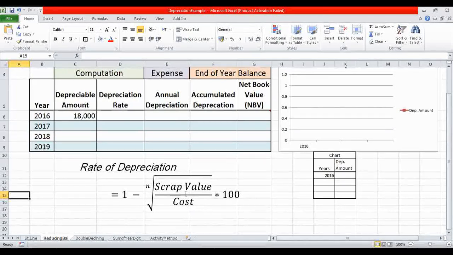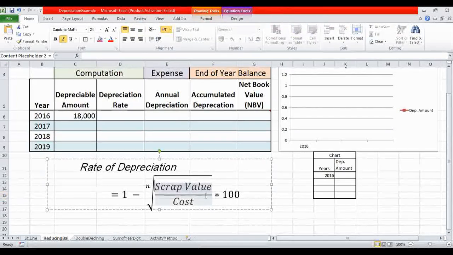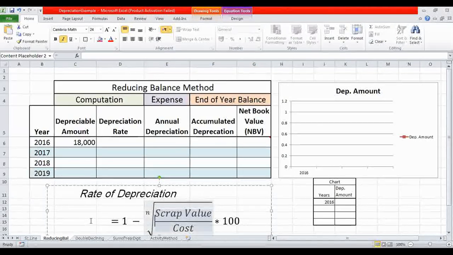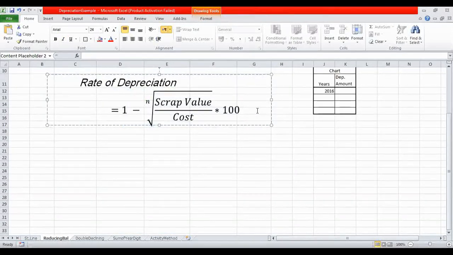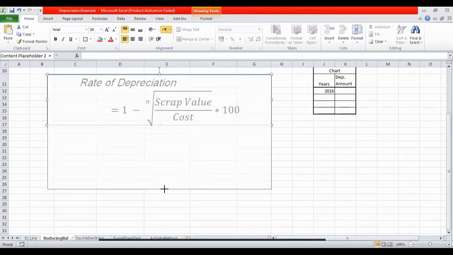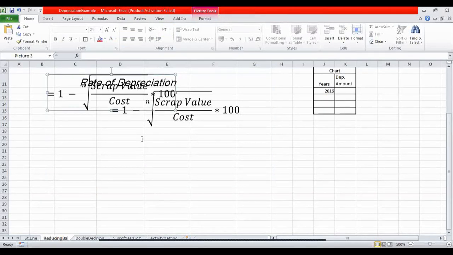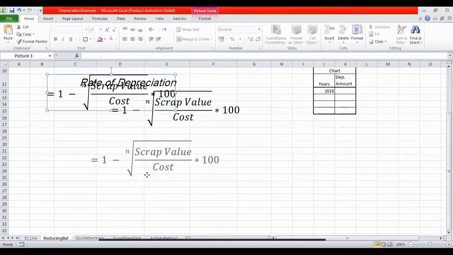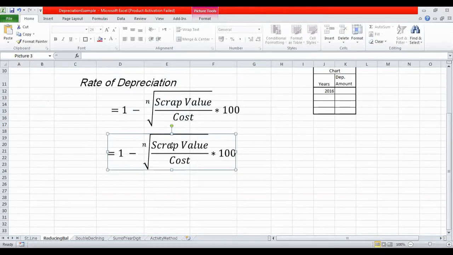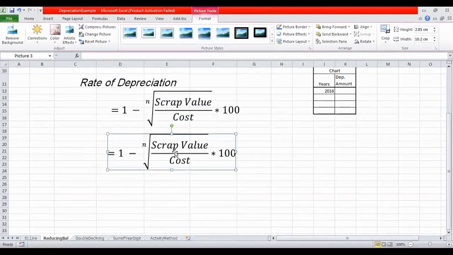So let's try to copy this whole part and put in the values so that we can have a better understanding of these things. Let's put in the scrap value.